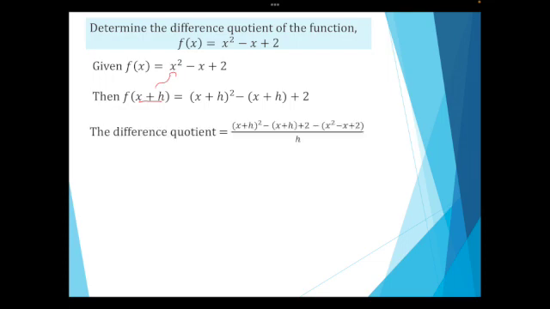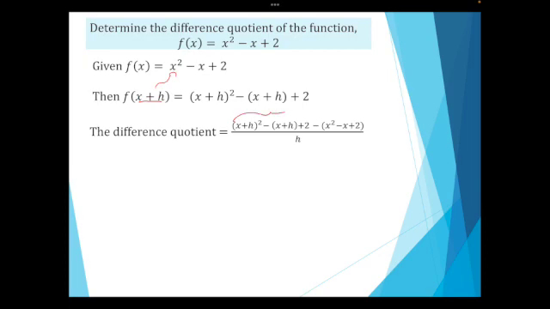But before that, let's think about looking for the difference quotient of a function. If I've got a function f of x equals x squared minus x plus 2, how do we find the difference quotient? We start off with f of x, and then what f of x plus h is. What you need to do is substitute x plus h for x. So you get x plus h squared minus x plus h plus 2.